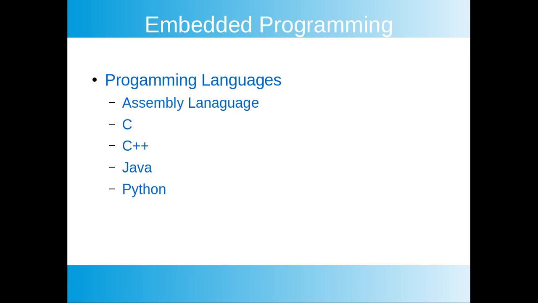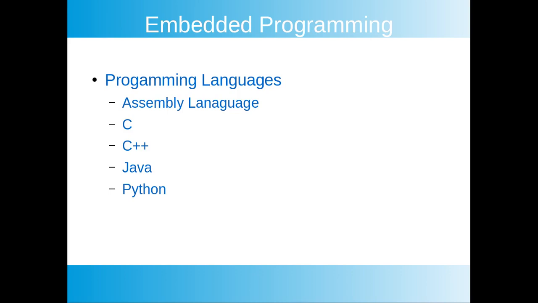The assembly language is a low-level language, and a program written in assembly language can be converted into machine code using an assembler. But people do not prefer assembly language for coding an embedded system because it is very difficult to code, test and debug a program written in assembly language.